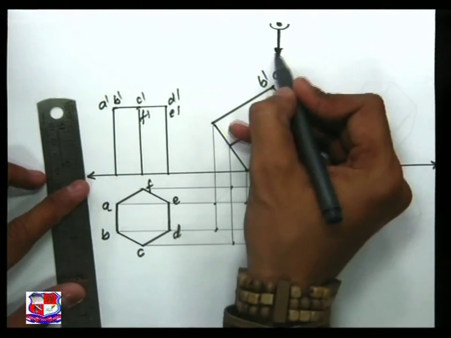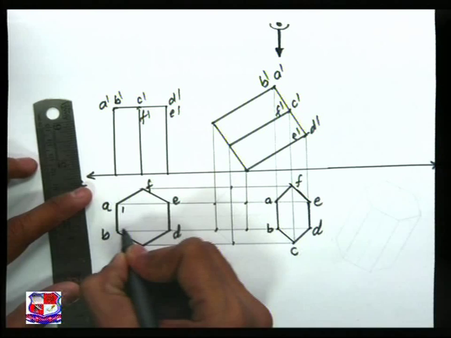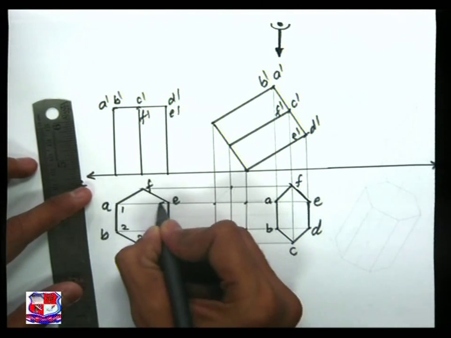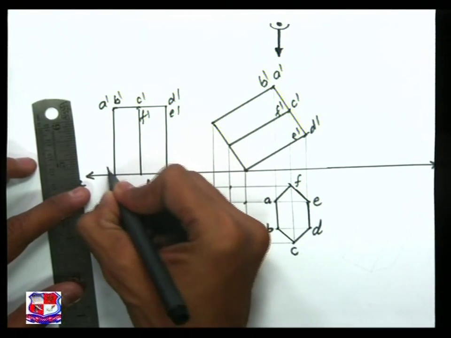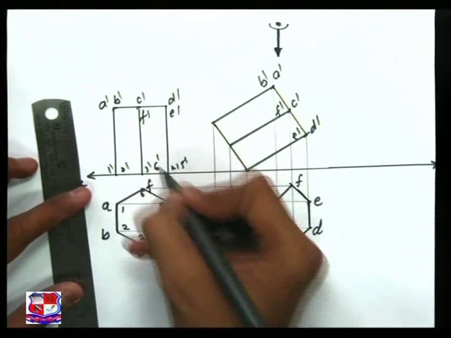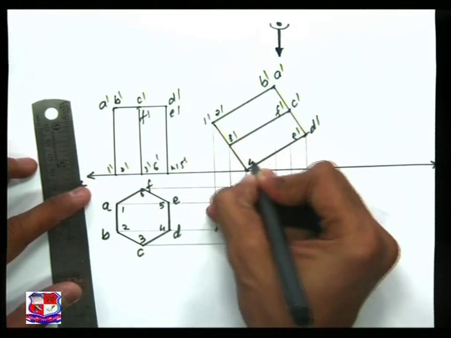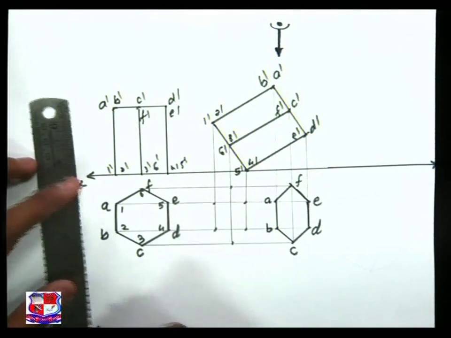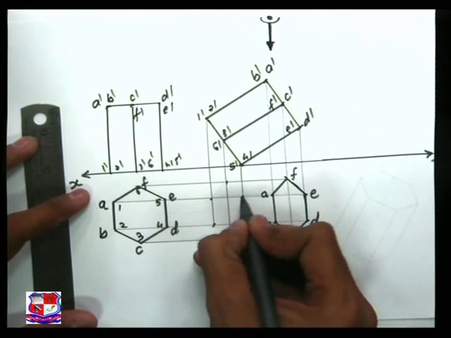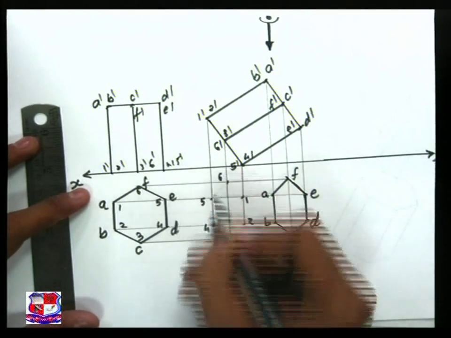And as we are looking from here, this base, we can name 1 dash, 2 dash, 3 dash, 4 dash, 5 dash and 6 dash. So one point would be here, 1 2 3 4 5 and 6.